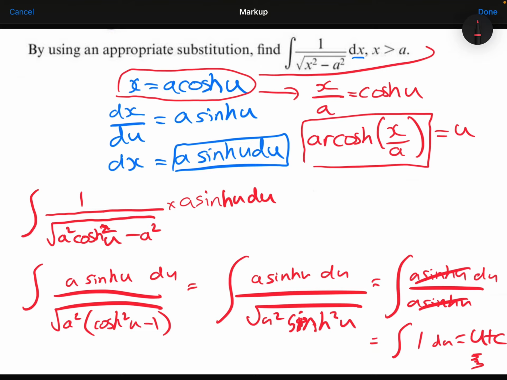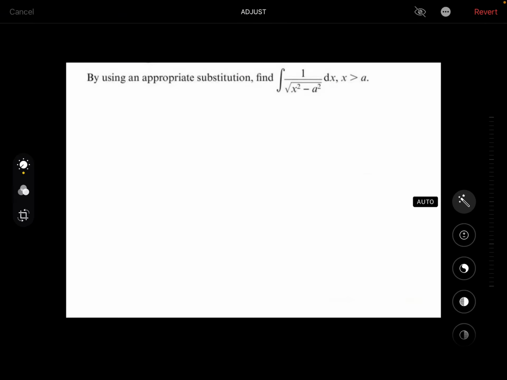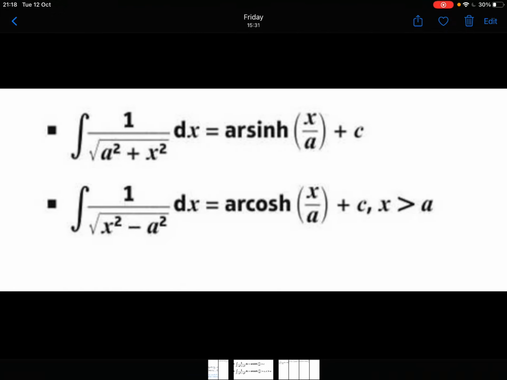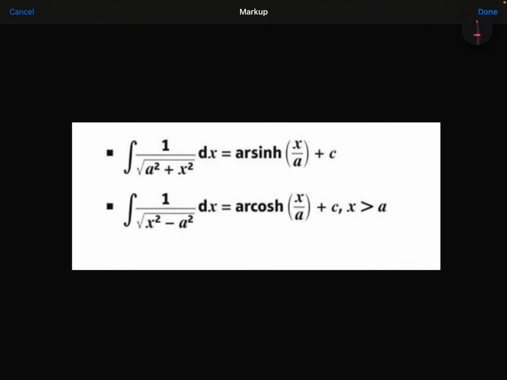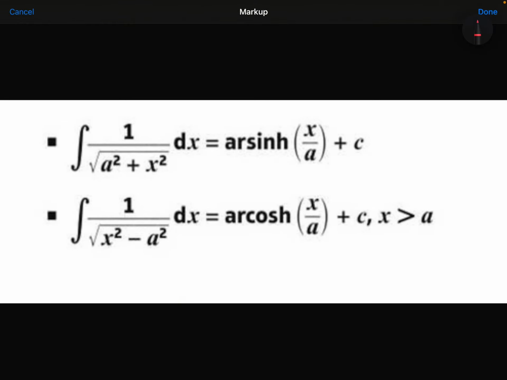And this is a standard result. One of two standard results, the bottom one there. So I've just proved the bottom one by doing the substitution of x is equal to a cosh u. You can do the top one by doing the substitution x is equal to a sinh u.